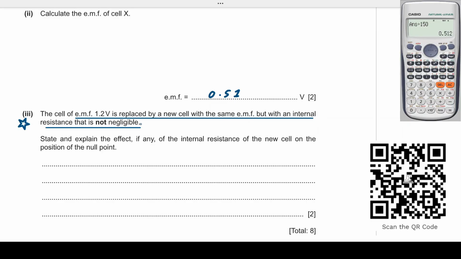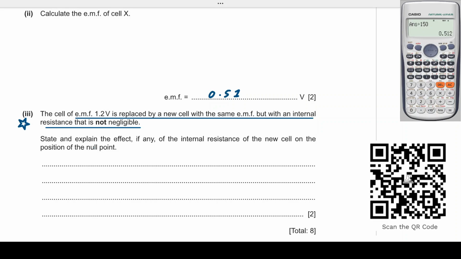So internal resistance is not negligible. Explain the effect, if any, of the internal resistance of the new cell on the position of the null point.